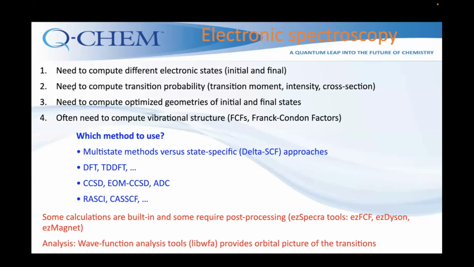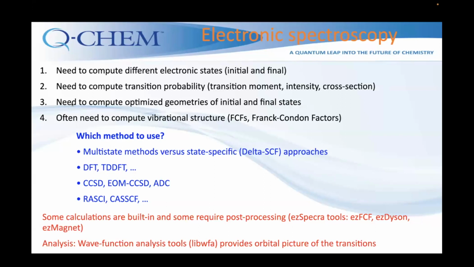Now, that's just the first step. The second step is much trickier. You need to calculate the transition probability, the probability that ultimately enters into macroscopic cross sections. So you need to figure out how intense this transition is, and that depends on the type of spectroscopy. It could be the dipole moment for some spectra, or a more complicated expression, and so on.